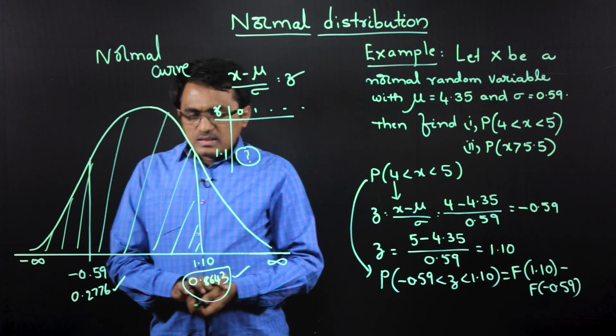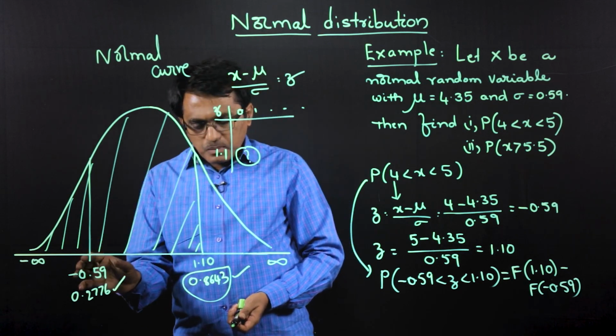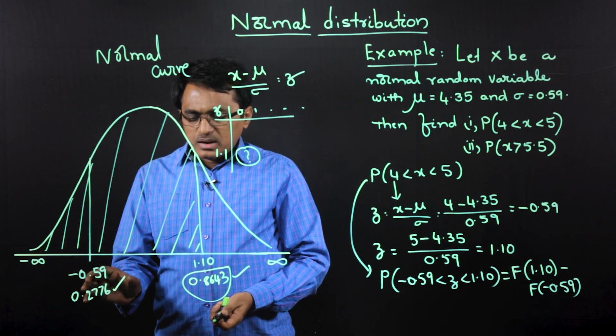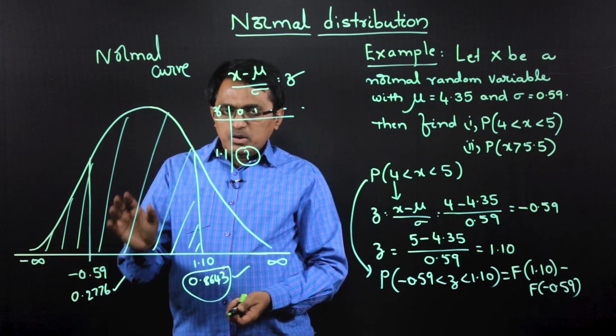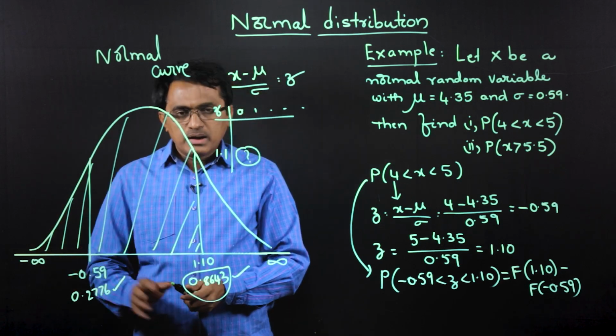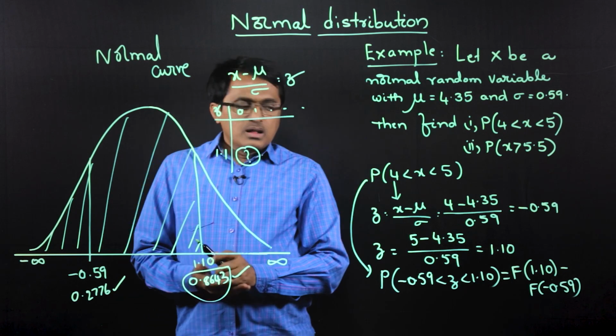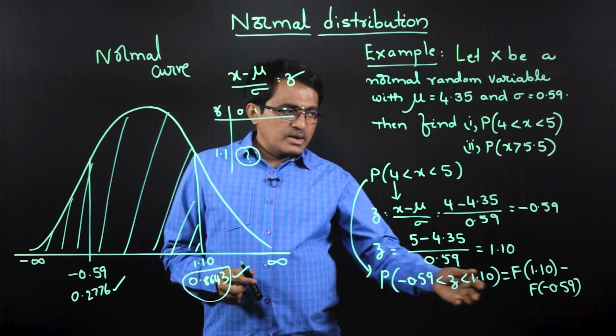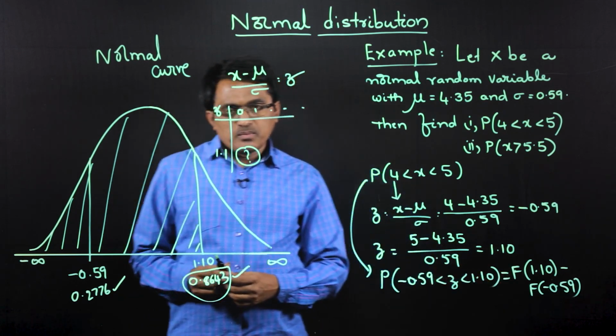Similarly, the probability under the normal curve from minus infinity to minus 0.59 is 0.2776. Then by using the values we can find the corresponding probabilities.